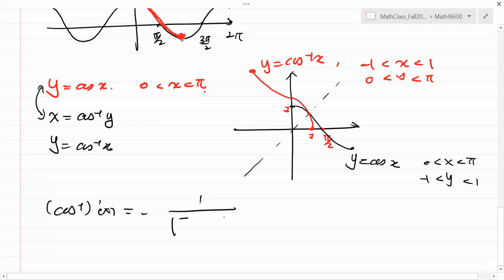But anyway, using the same idea, I want to give you the derivative of arccosine, which is nothing but changing the sign of that. So the derivative of arccosine is going to be this. All right. Now this is a formula, right?